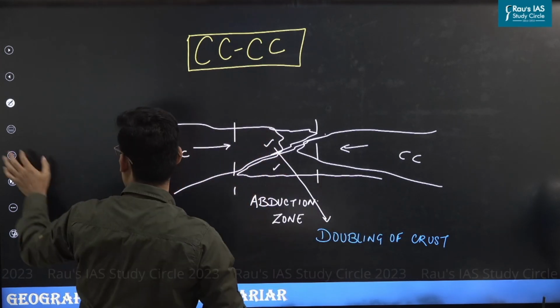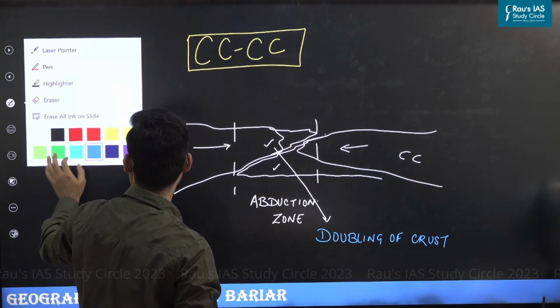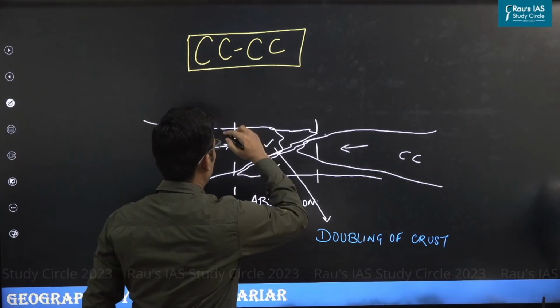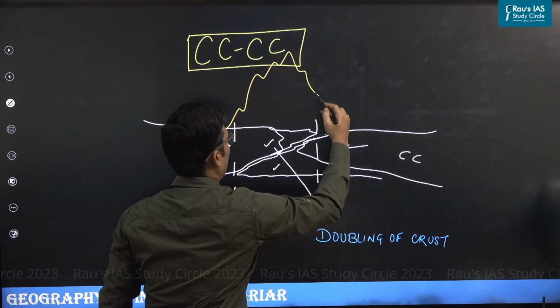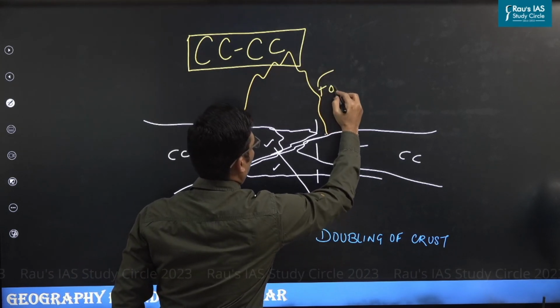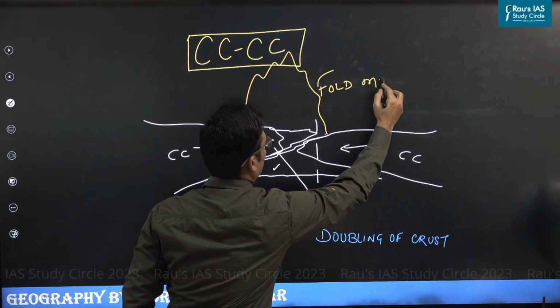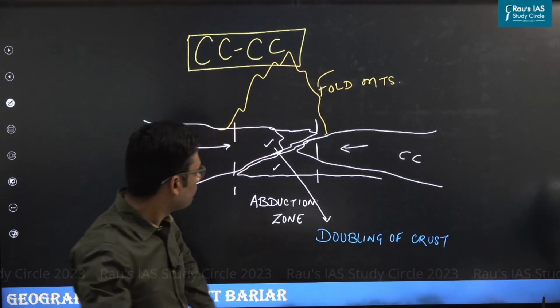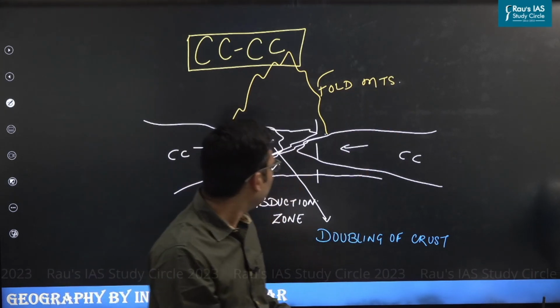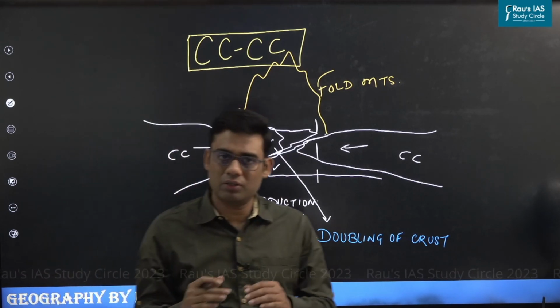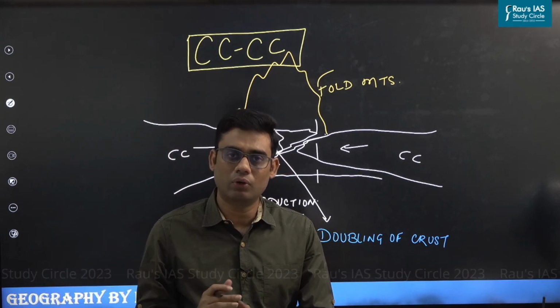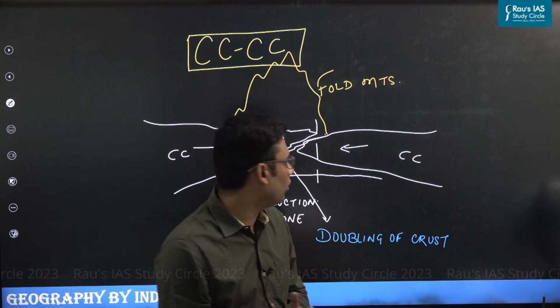So after abduction, the next thing is folding, and hence again the formation of fold mountains. CCCC convergence also leads to the formation of fold mountains.